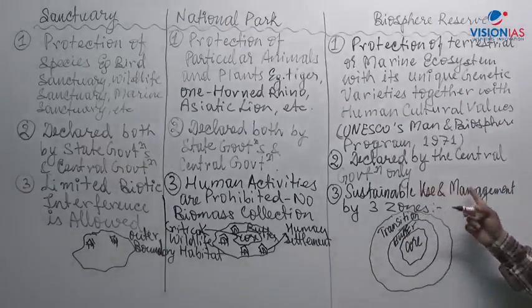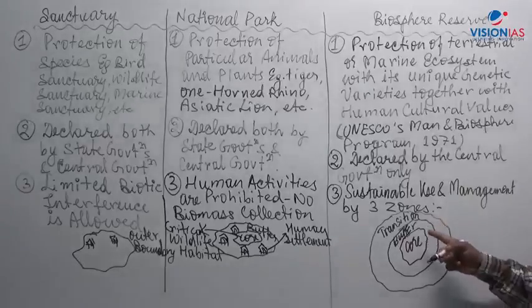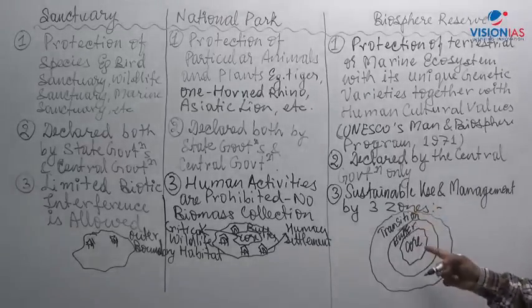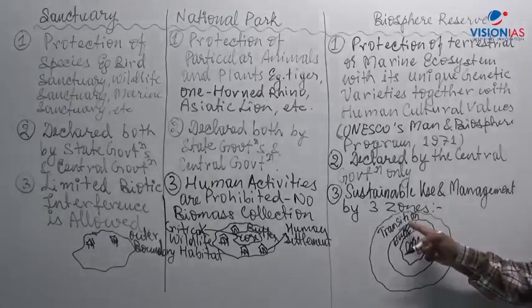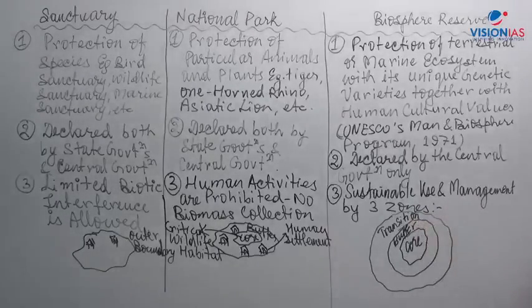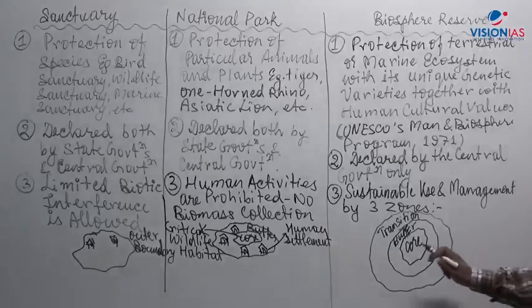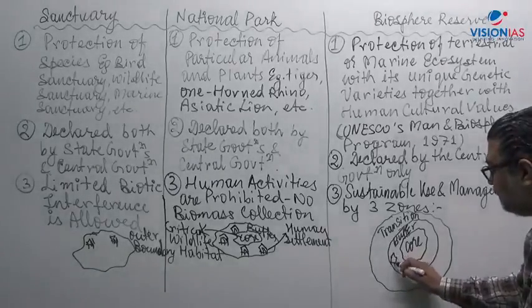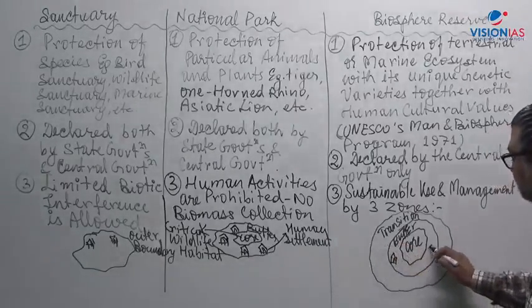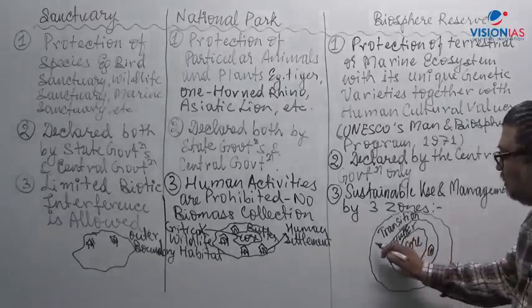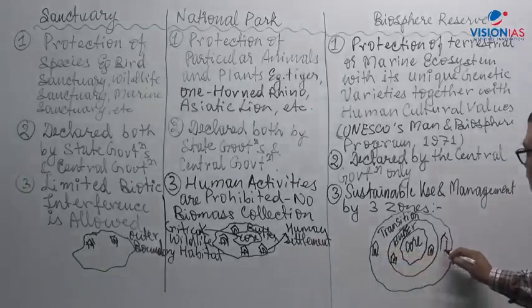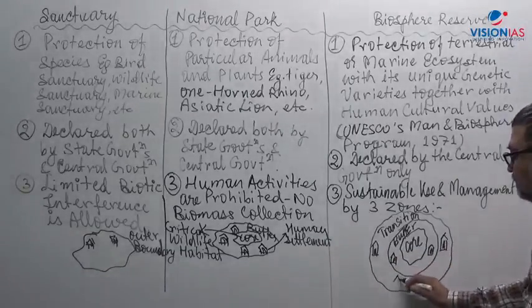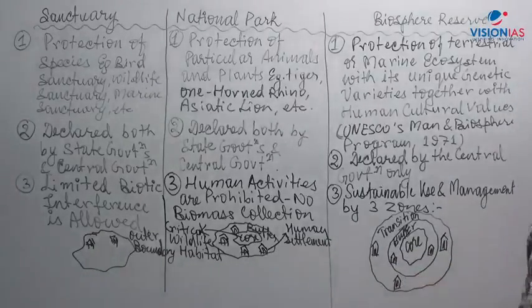For sustainable use and management of a biosphere reserve, it is divided into 3 zones: core, buffer, transition. Now here, where can the settlement be? Human settlement will be in the buffer or the transition zone, not in the core area.